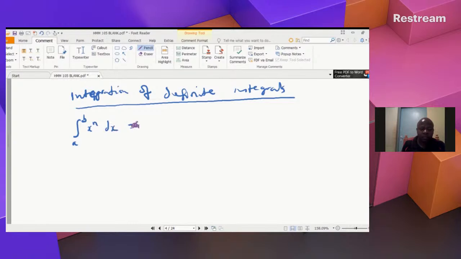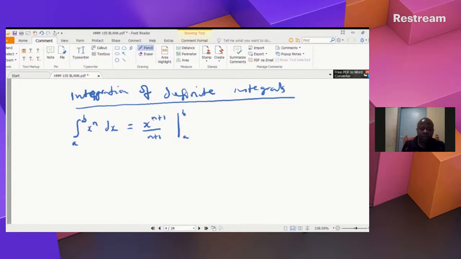We know that if we integrate this, the first thing you do is to integrate, then put the limits. So this is x raised to n plus 1 out of n plus 1. We then put the limits a, b.